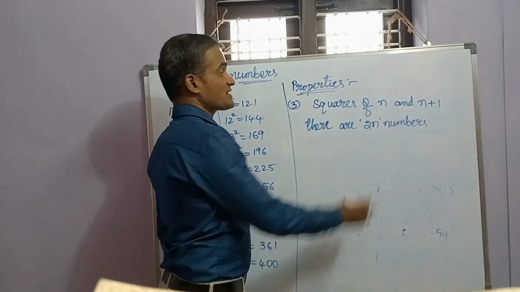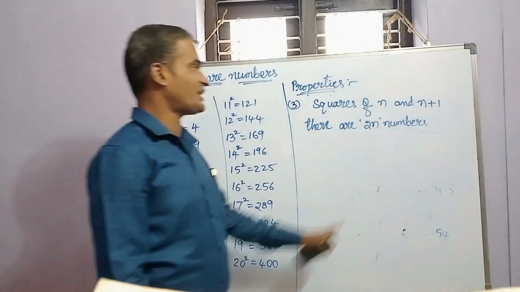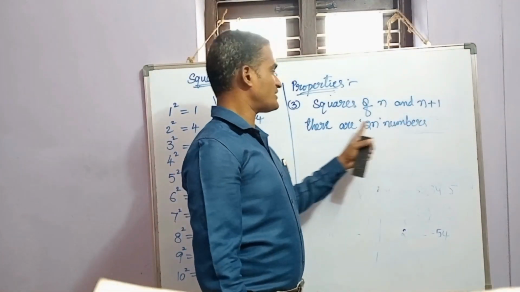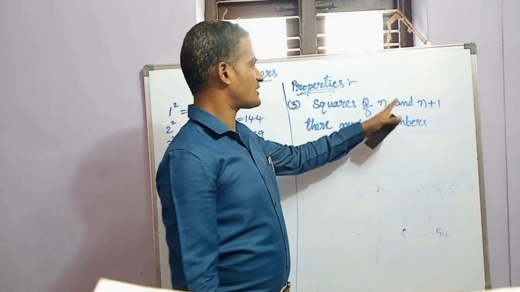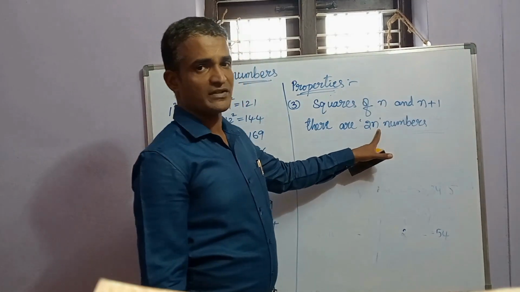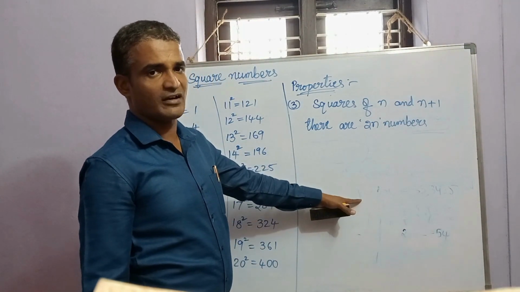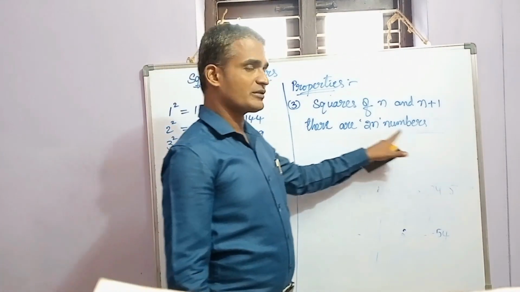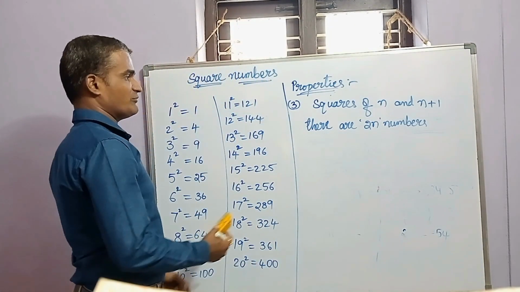Generally with the normal numbers n and n plus 1, there are no numbers in between. But between the squares, there are so many numbers. So how many? It's 2n numbers. You can write them out to see, but you can also give a direct answer. Okay, this is one more property.